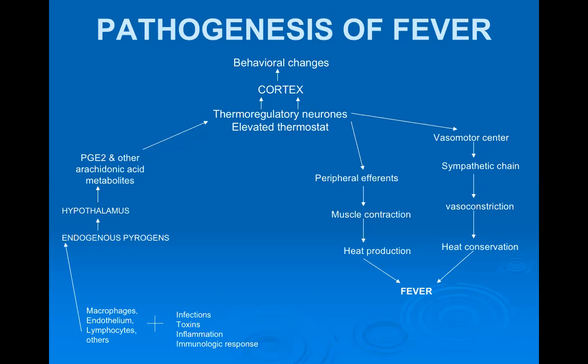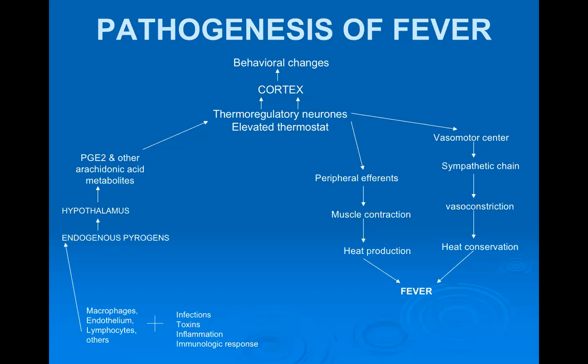And one more point you need to understand here. Because of this, the person will make some behavioral changes, because there will be input to the cortex also, cerebral cortex, frontal lobe, and other parts of the brain. So the person will have behavioral changes. If the person feels a little bit cold, the person will put on more clothes.